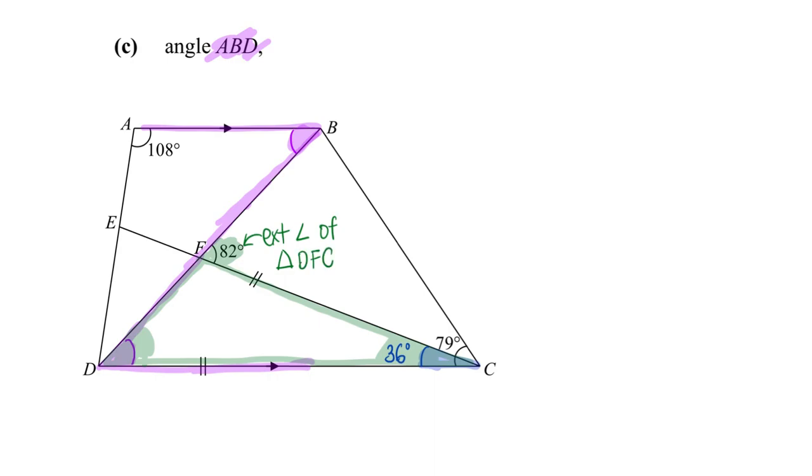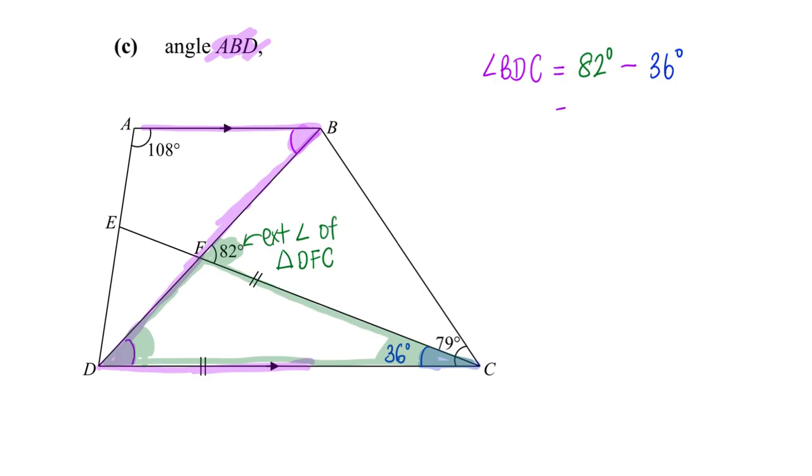And because of that, I will be able to get angle BDC easily. Angle BDC is simply 82 degree minus 36 degree. Okay, because angle BDC and the 36 degree, they add up to the exterior angle of a triangle, right?